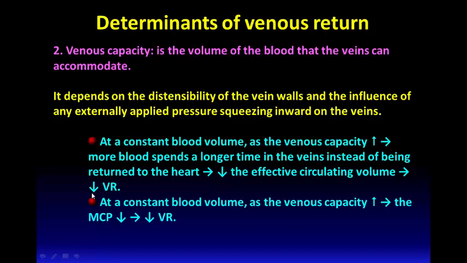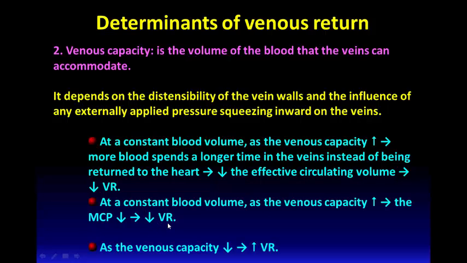At a constant blood volume, as the venous capacity increases, the unstressed blood volume increases and the stressed blood volume decreases. And the decrease in the stressed blood volume would result in a lowered mean circulatory pressure, and when the mean circulatory pressure is lowered, venous return also decreases.